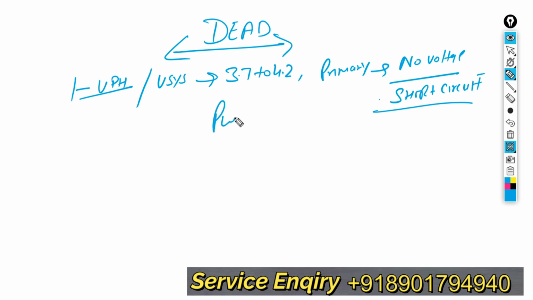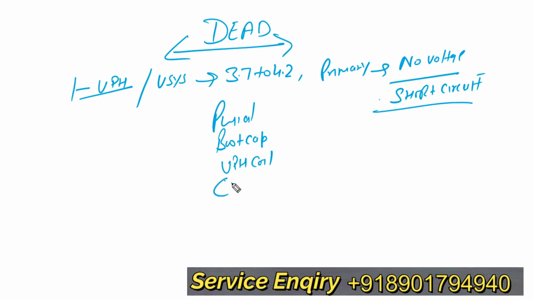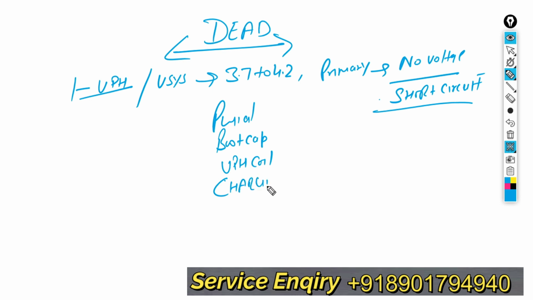In this line, you will check PMID, boot cap, your VPH coil, and your charging IC. Check all these points and you will find 100% the reason why VPH is not there.